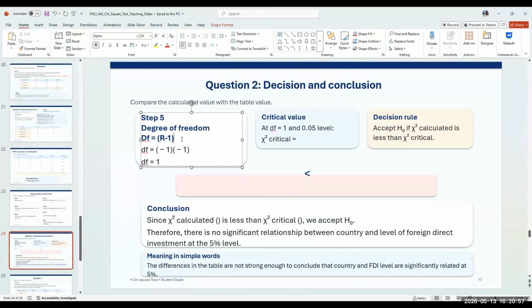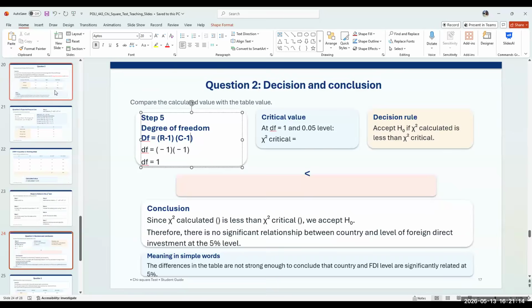And then times column minus 1. Please, do you get me?